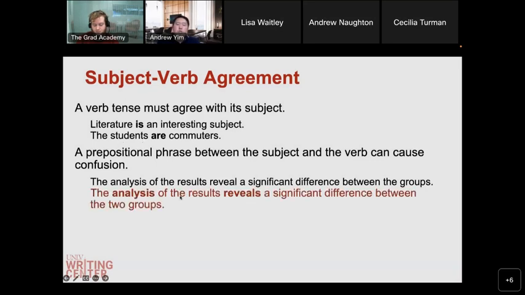Down below, when we have a prepositional phrase like "of the results," you generally want to think about the noun before the prepositional phrase. If it's a singular noun, then it'll be "reveals." If it was actually a plural noun before the prepositional phrase, then there would be no s.